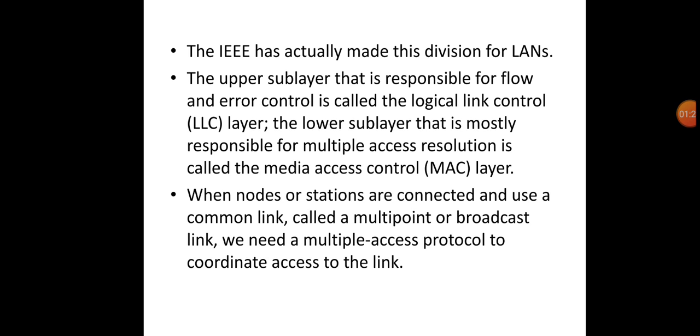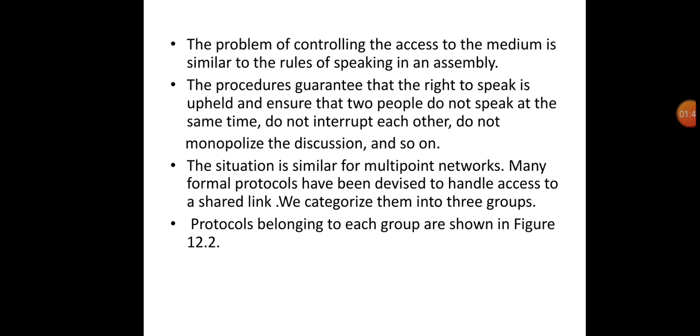media access control layer. When nodes or stations are connected and use a common link, that is called a multipoint or broadcast link. We need a multiple access protocol to coordinate access to the link. The problem of controlling access to the medium is similar to the rules of speaking in an assembly.